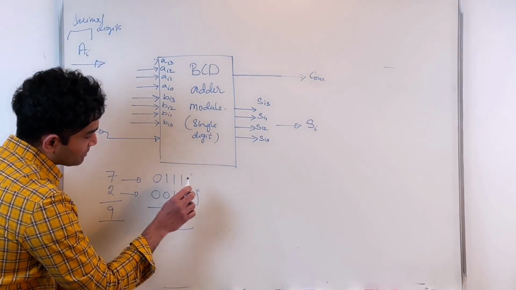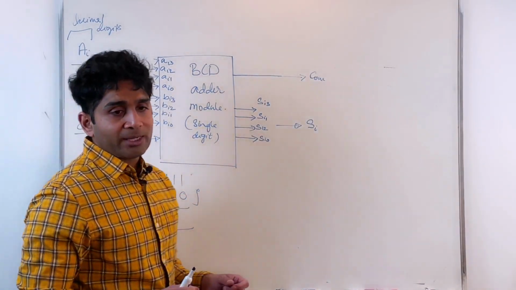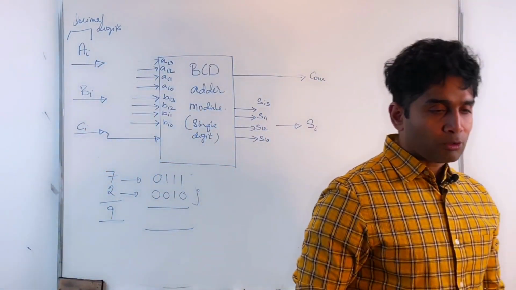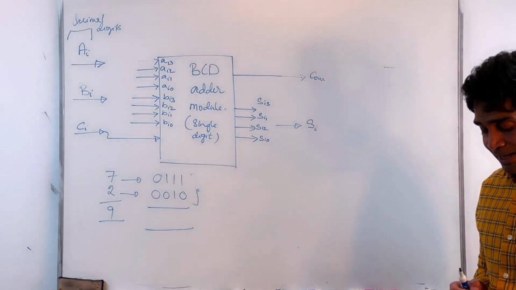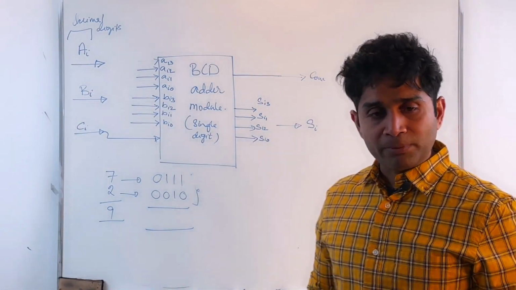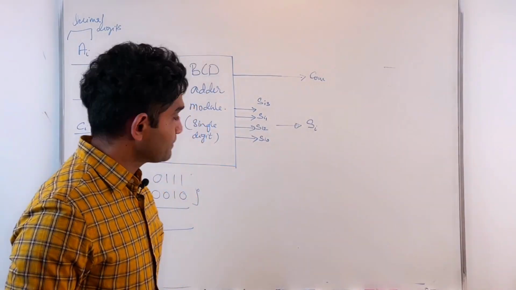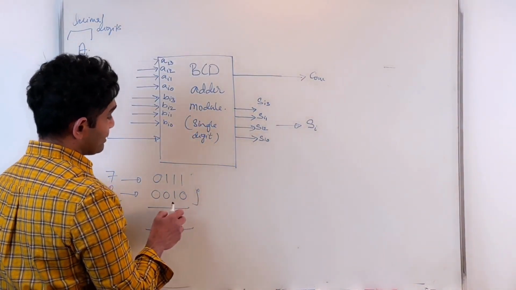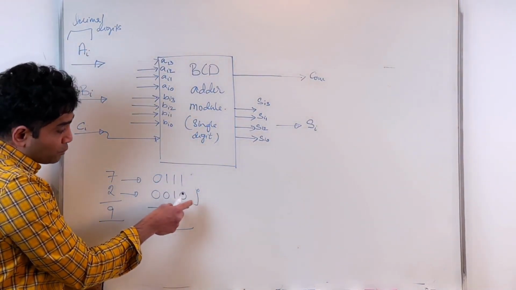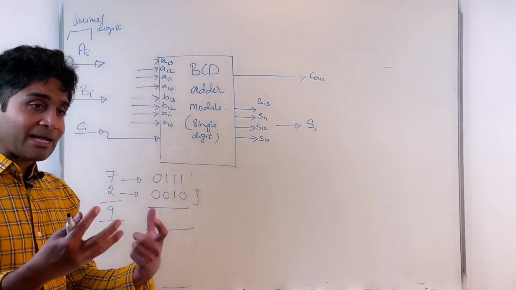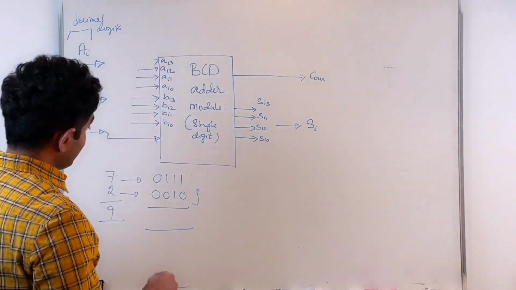You can think about these being applied to an already built 4-bit binary adder. Now you already know from last class how we can build a 4-bit binary adder. Yeah, I can add these two 4-bit binary numbers using that adder. Okay, and what do I get?